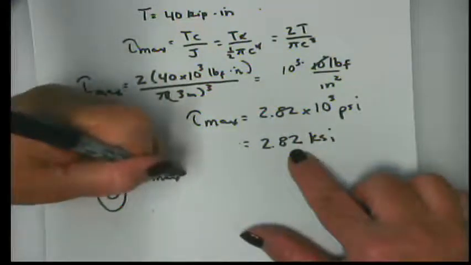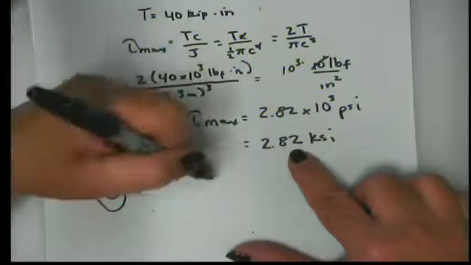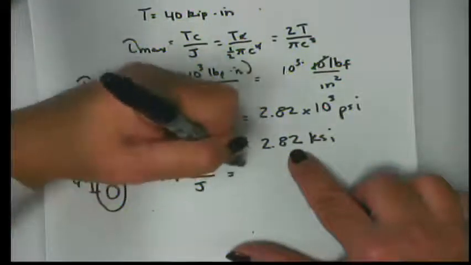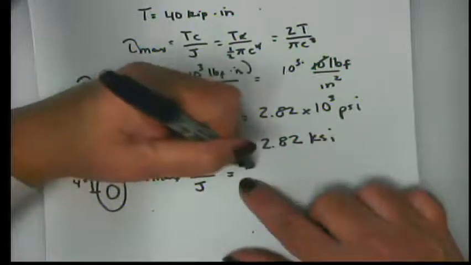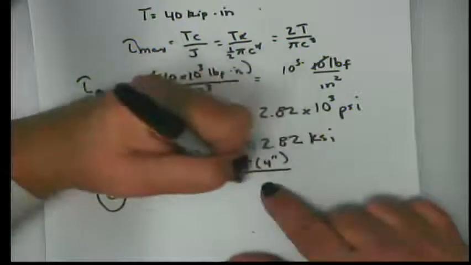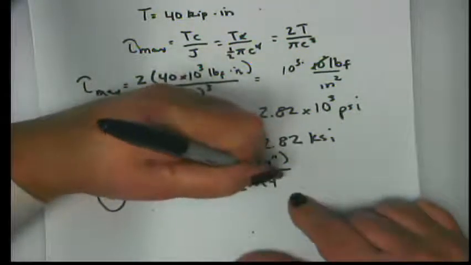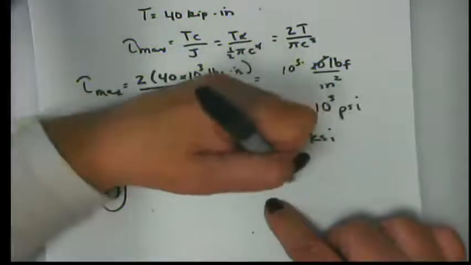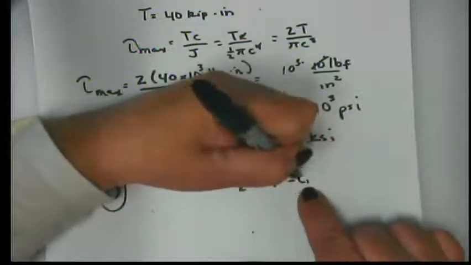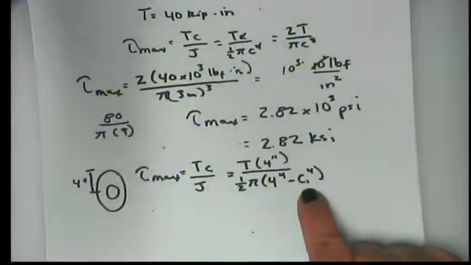So tau max in this case is equal to TC over J, but now my C is 4 inches, and J is going to be 1/2 pi times 4 inches to the 4th power minus the inside diameter raised to the 4th power, and this is the value that I want to solve for.